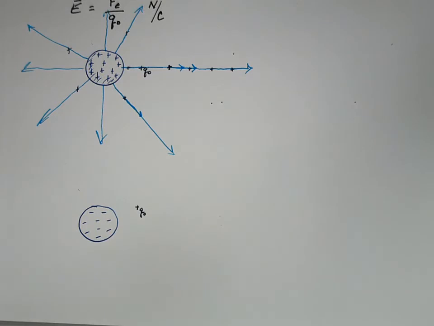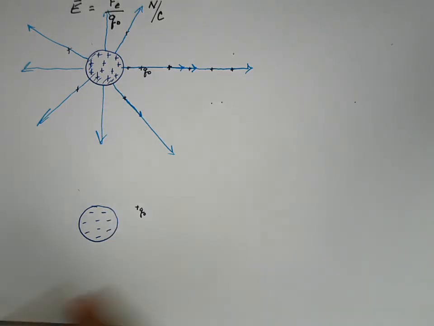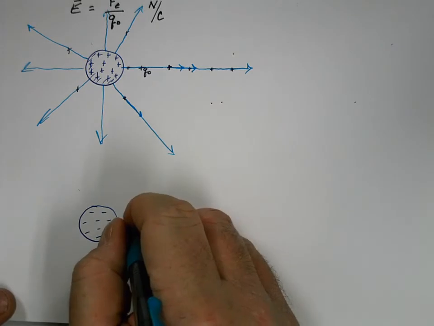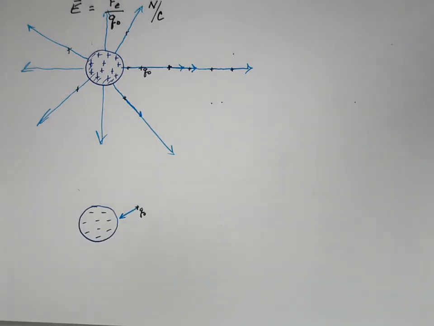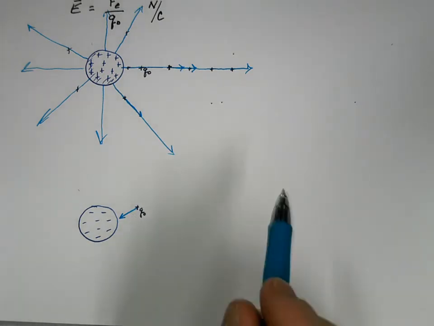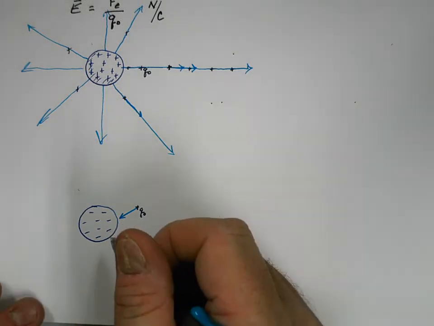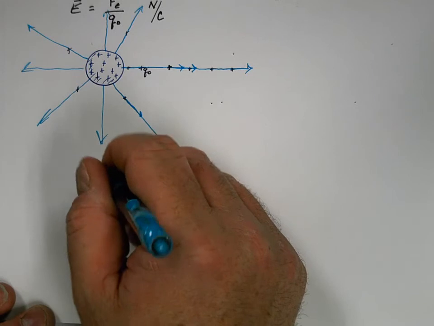Yeah, the force is going to go towards it, it'll be an attractive force. And so one of the rules is that lines always go from a positive charge to a negative charge.